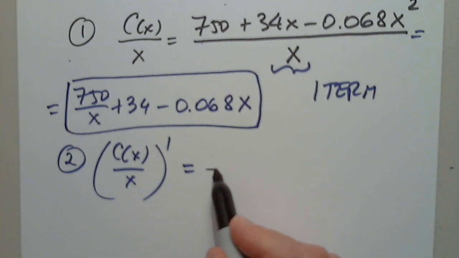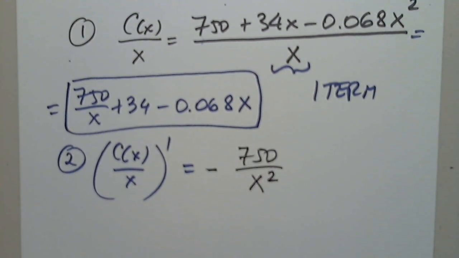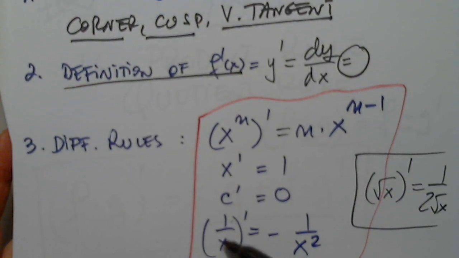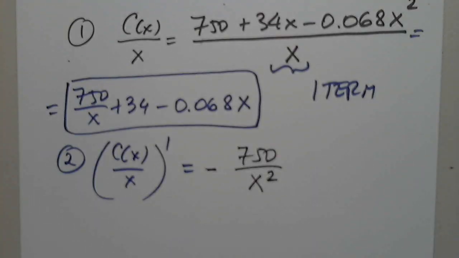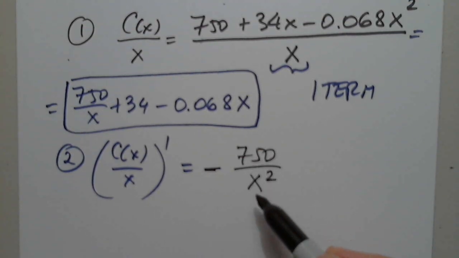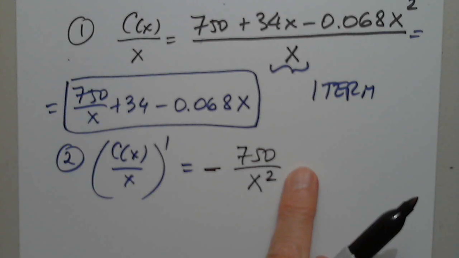Negative 750 over x squared. This is the first of the formulas right here: the derivative of 1 over x is negative 1 over x squared. So the derivative of 750 over x is negative 750 over x squared. When we differentiate 34, we get 0. Excellent.